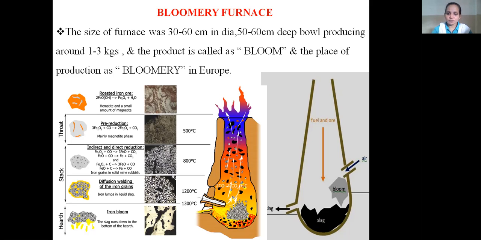So here you can see the air used was natural draught. The product was a spongy mass because of insufficient temperature.